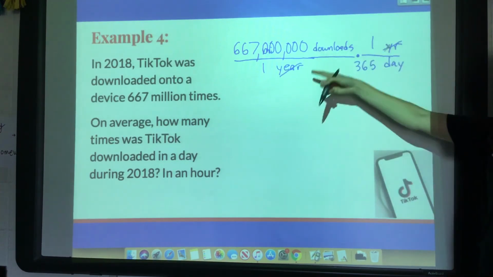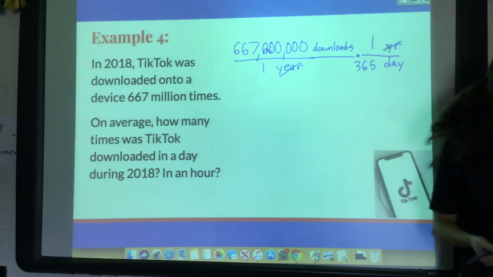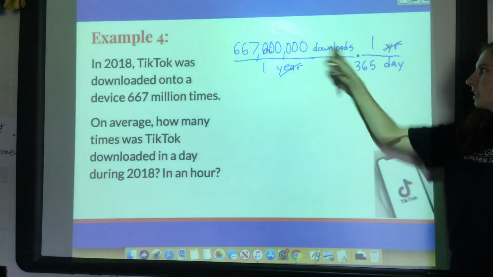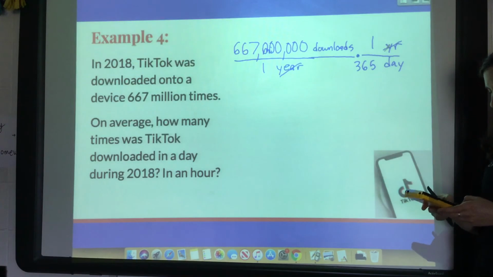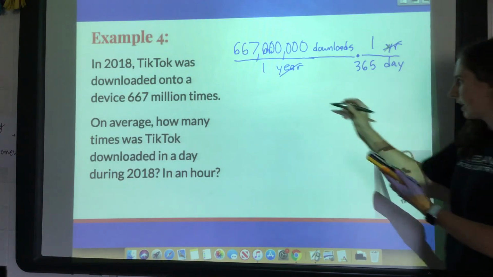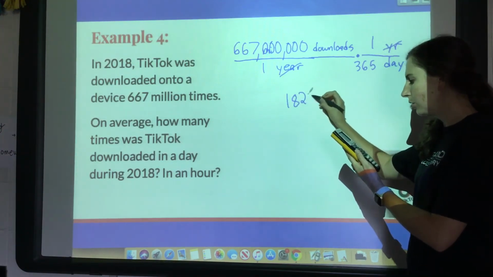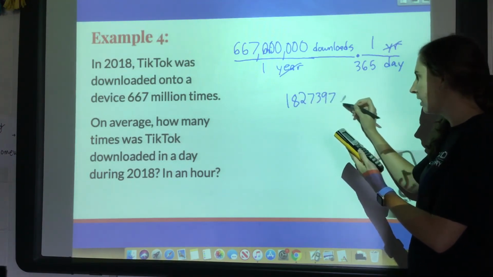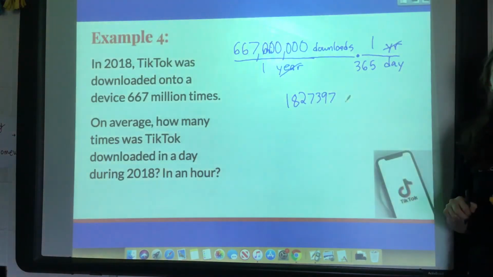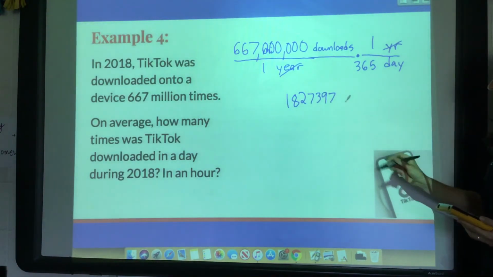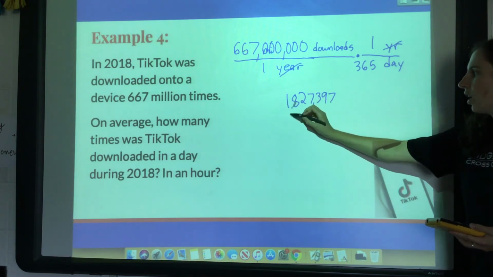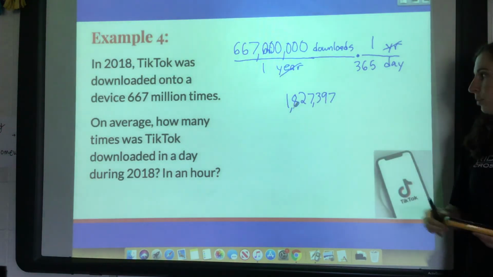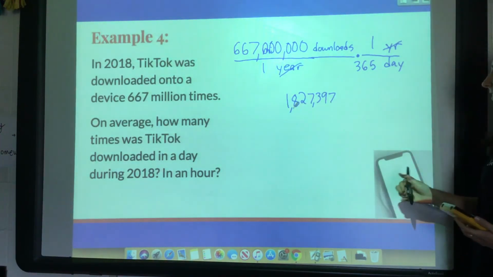Multiply across the top and across the bottom, and then divide. So basically we're dividing this by this. So I got 1827397.26. I'm just gonna round it. Wow, that is big. Over 1 million downloads per day, almost 2 million downloads per day.